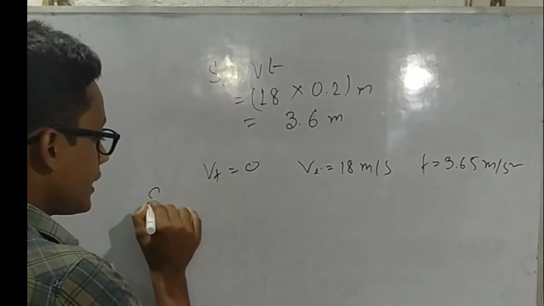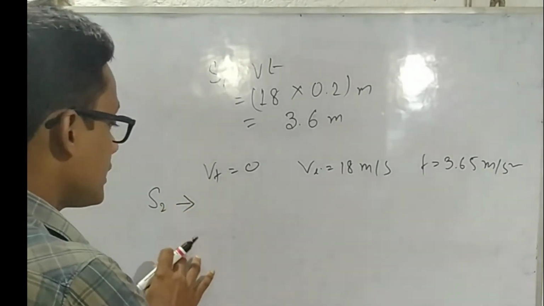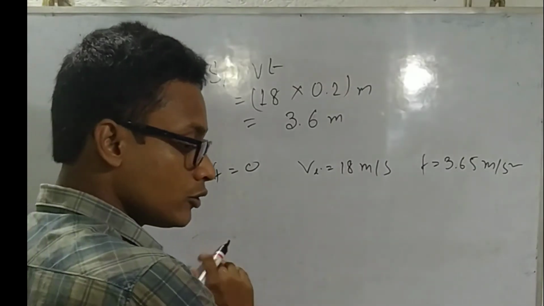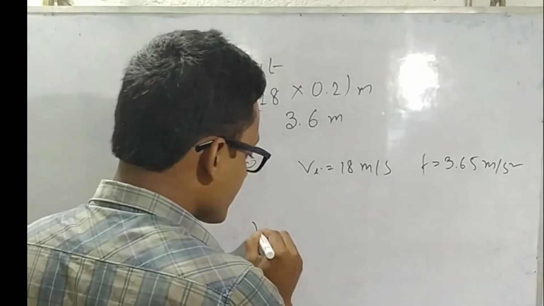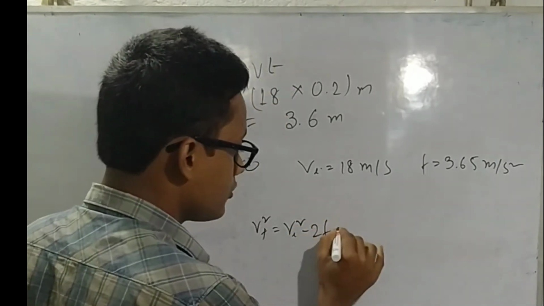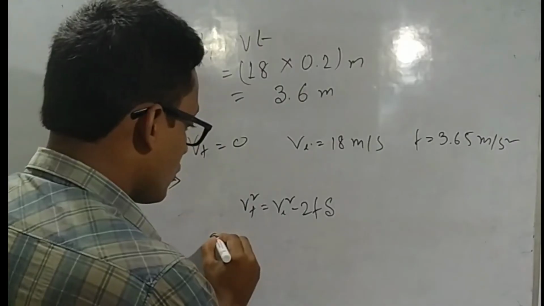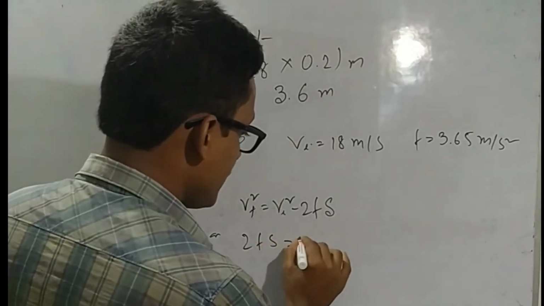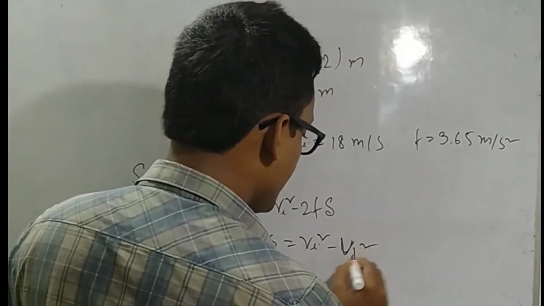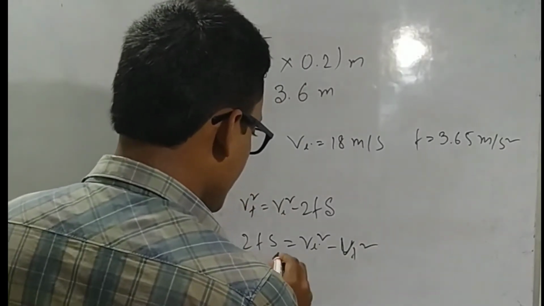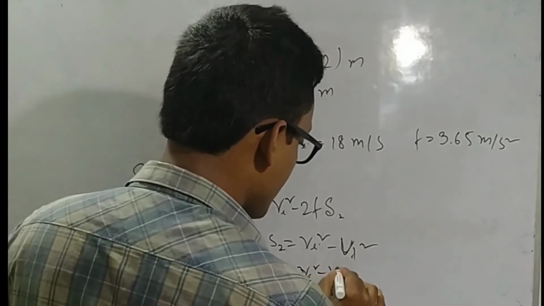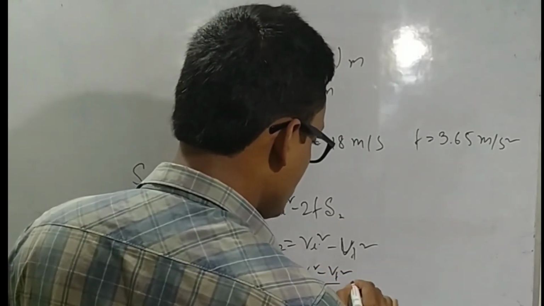If we consider S2 to be the distance traveled by the car after using the brake, we can use the formula Vf squared is equal to Vi squared minus 2fS, so 2fS2 is equal to Vi squared minus Vf squared. So S2 is equal to Vi squared minus Vf squared divided by 2f.